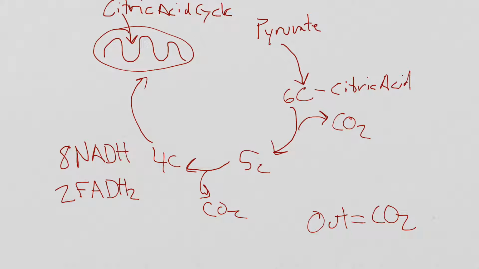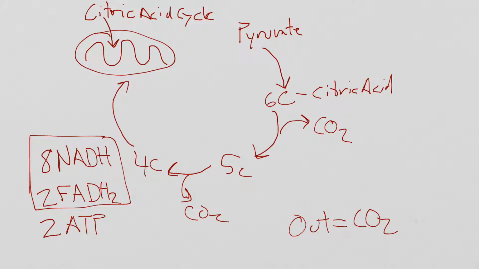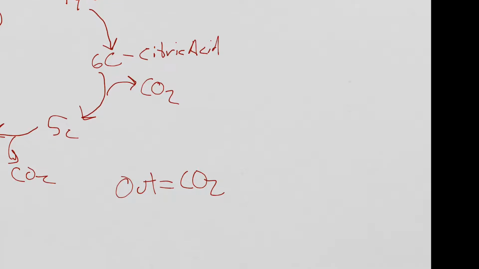And you're also going to end up with 2 ATP. So in this cycle, again, we get some more ATP, but the key part of it is that we are making lots and lots of electron carriers, because that will bring us to the next part.